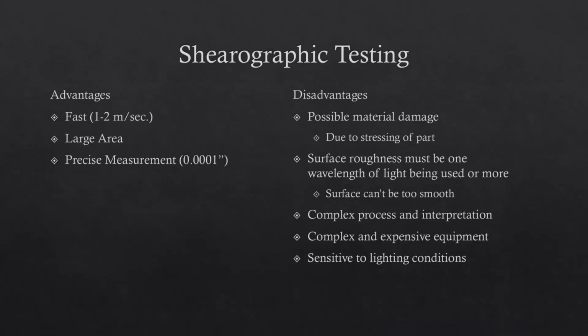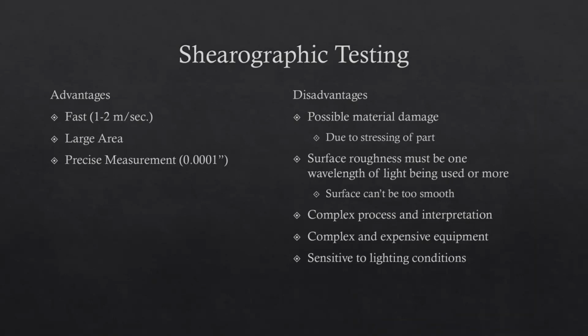But it has a lot of the same disadvantages. Possible material damage due to stressing of the part. This one has a requirement where surface roughness must be at least one wavelength of light or more in order for this to work. If the difference in roughness from area to area on a surface is less than the distance of one wavelength of light, you won't get that speckle.